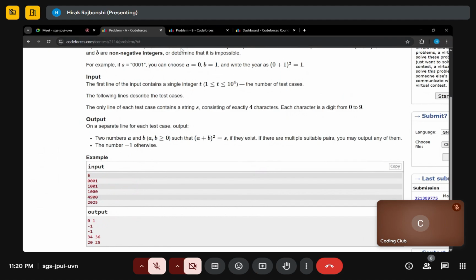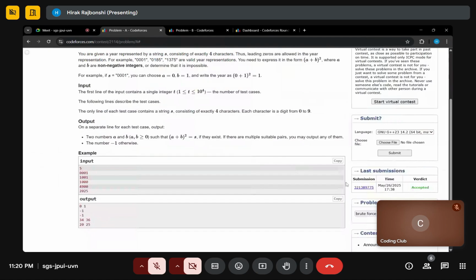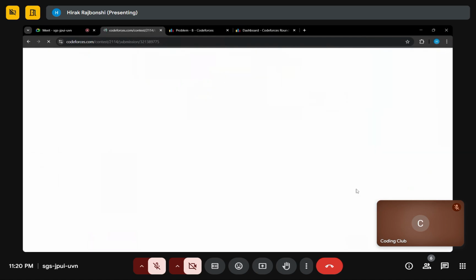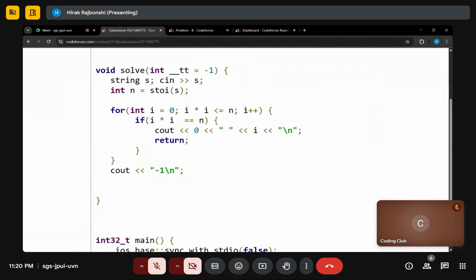So if we directly go to the code, if you see, I take the input, then I converted this to an integer. The given expression is a string, so I converted this to an integer by using the stoi function, string to integer function.